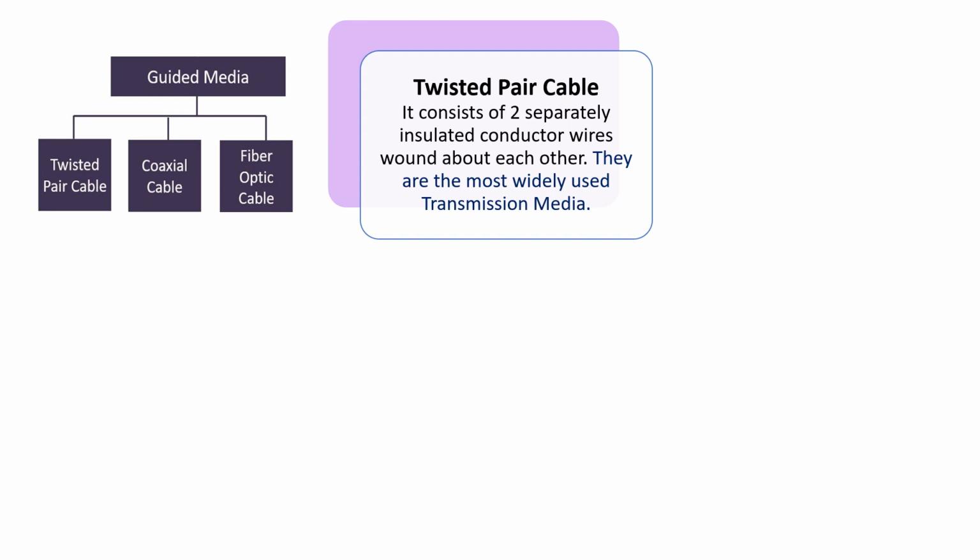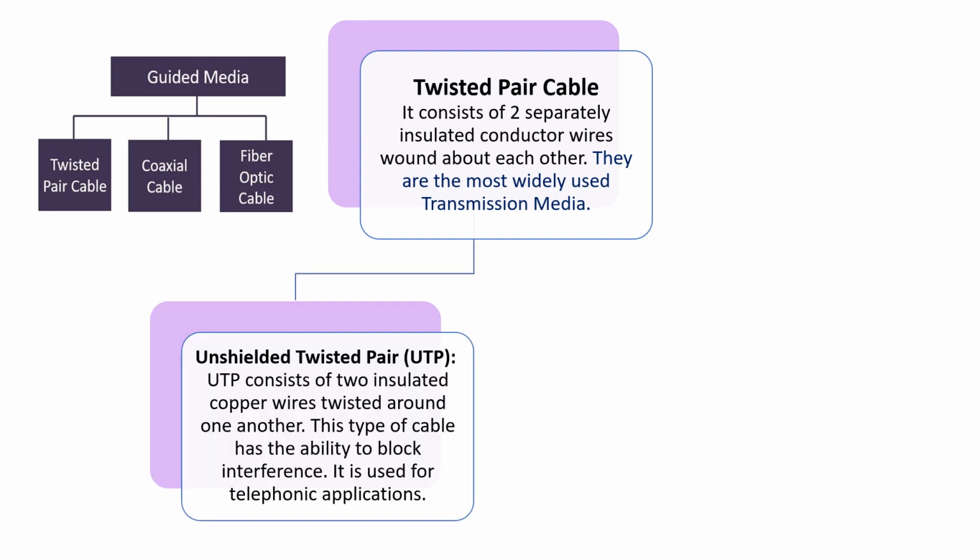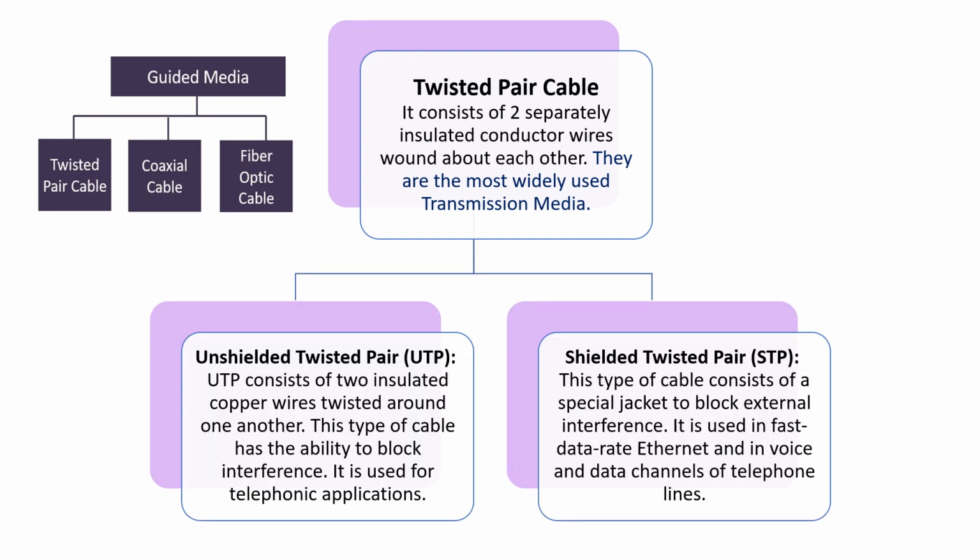First, we can see the twisted pair cable. This consists of two separately insulated conductor wires wound about each other. They are the most widely used transmission media, and they consist of two types, that is unshielded twisted pair and shielded twisted pair.